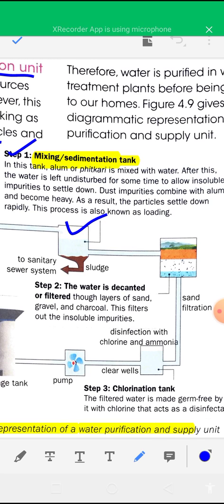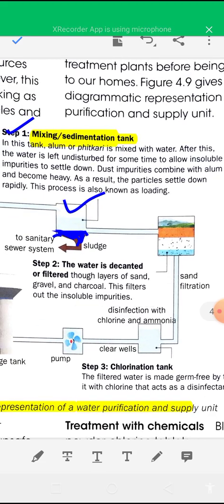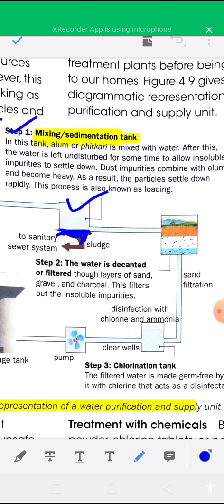Insoluble impurities will be separated from the water in this stage, in this tank. Then you have to pass the water into the next chamber, which contains sand, gravels and charcoal.